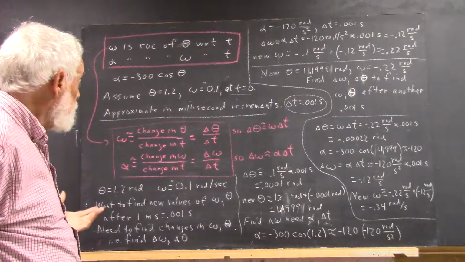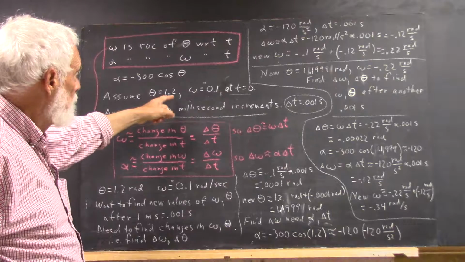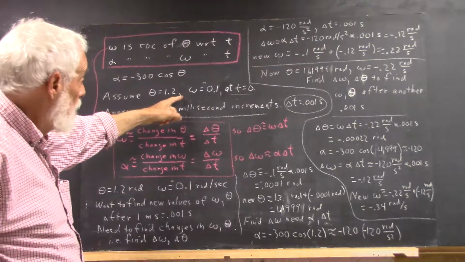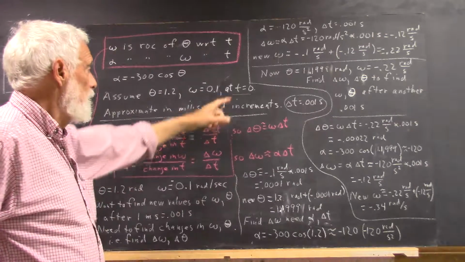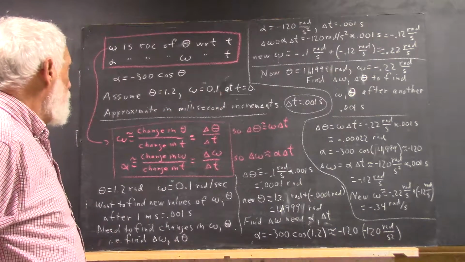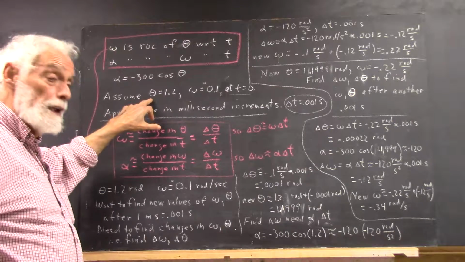Now, we're going to assume that theta equals 1.2 and omega equals negative 0.1 when t equals 0. Now, actually, theta has units.